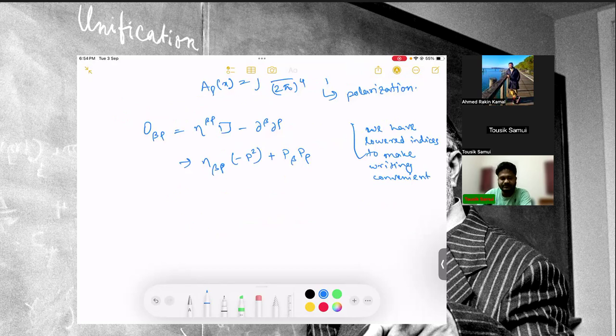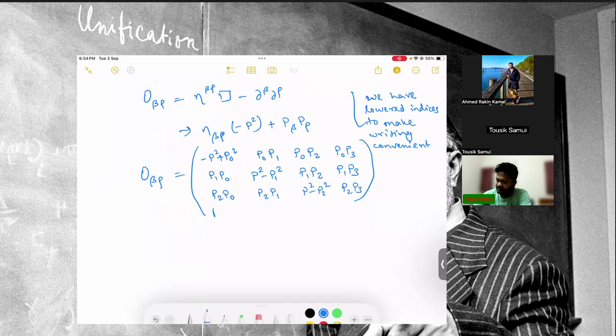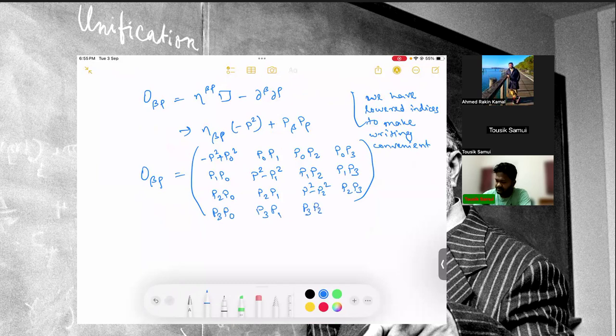So in the momentum space this becomes this, and if you write this operator in matrix form, you will see it will be p squared plus p0 squared, then p1 p0, p2 p0, p3 p0, and then p squared minus p1 squared, p1 p2, and p2 squared, p2 p3, and then p3 p0, p3 p1, p3 p2, and p squared minus p3 squared.